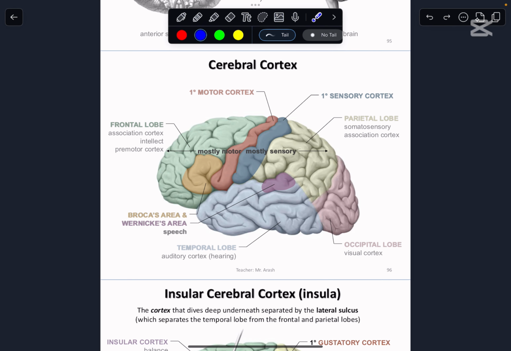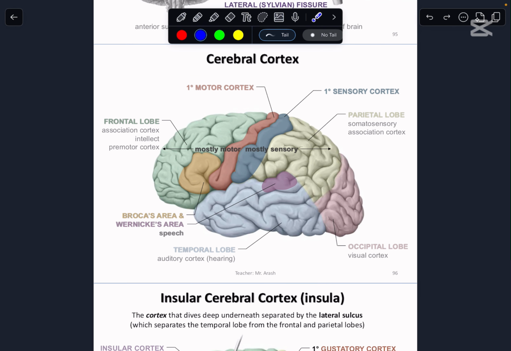If you look at the cortical divisions, now this is a bit more detailed. So let me just show you what we have here. Guys, this whole entire area is the frontal lobe, okay? This whole entire area right there is your parietal lobe, okay? And this whole area, and this whole area, right?